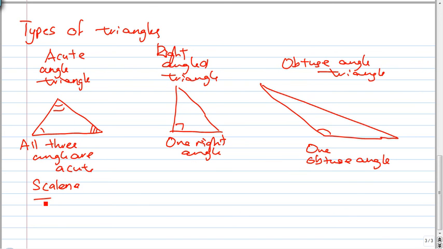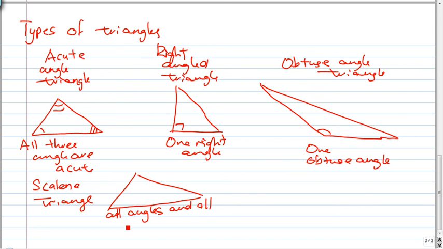It's called a scalene triangle because all the angles and all the sides are different in size. So this is a non-exhaustive review of triangles.